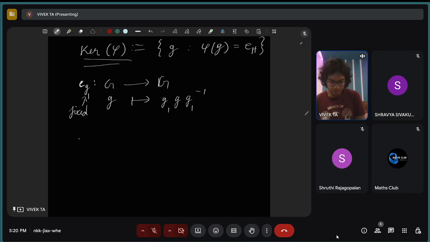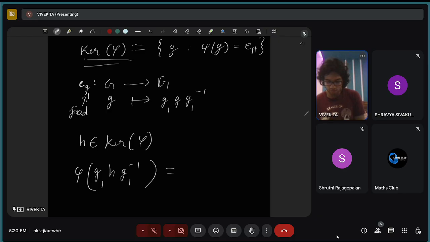If you take any element, let's say h belonging to the kernel, and you put g1 h g1 inverse, and take phi of that, can anyone tell me what this is going to be? It'll just be phi of h, right?